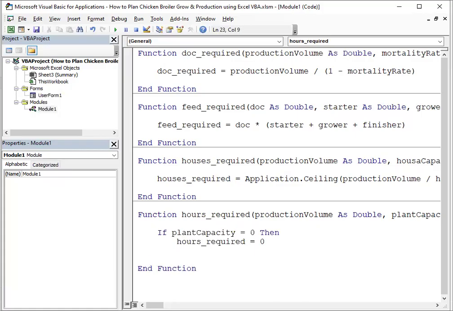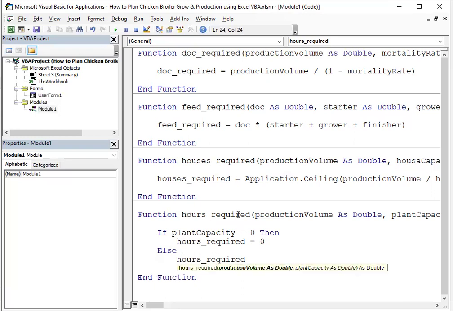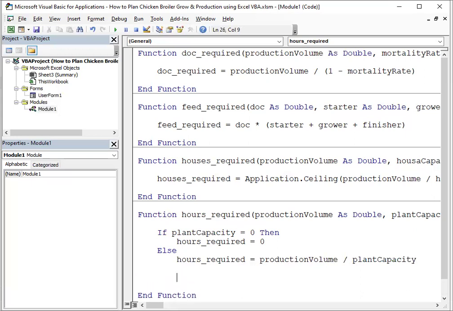Or else, hours underline required equals production volume divided by plant capacity. All right, nothing else, so we're going to say end if. Then end function, which is already here.